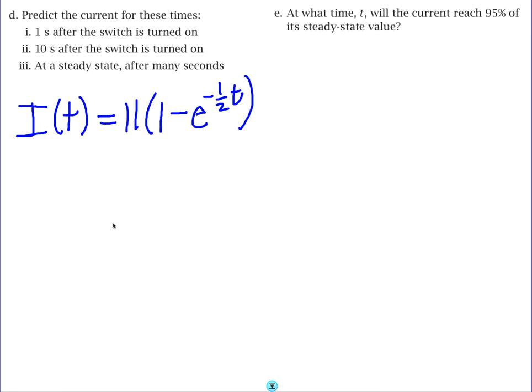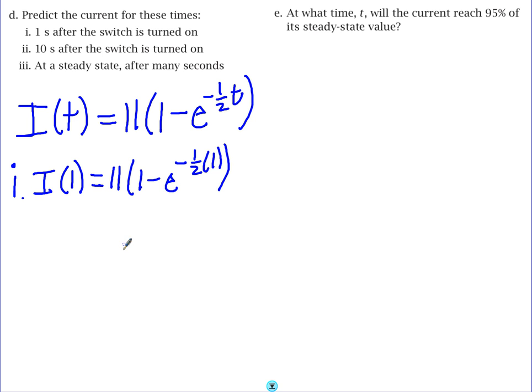For this problem, we're just going to plug in t equals these values. For this one, we're just going to plug in 1 for t. 11 times 1 minus e to the negative 1/2 times 1. Alright, let me figure out what that is real quick. So it looks like that is 4.328.